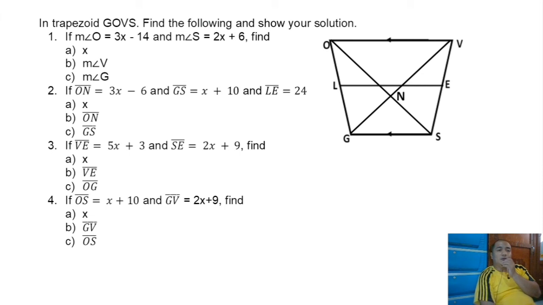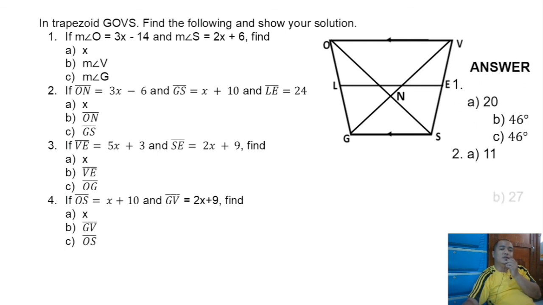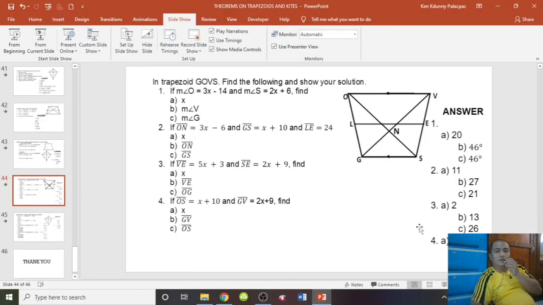Now, in trapezoid, find the following and show your solution. Since it says show your solution, I need you to show your solution. So, I'll just show you the answer and you show me the solution. You just send your answer in the messenger. Here is the answer. Let me escape this so it can't be read.